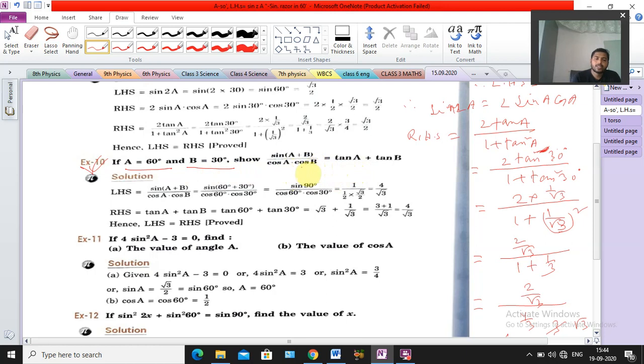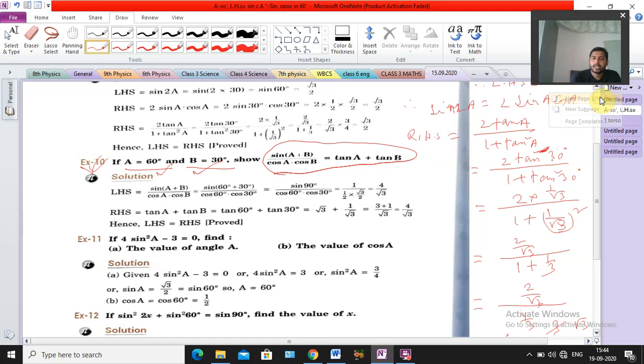Question clear? What is the given data? A equal to 60 degree and B equal to 30 degree. So sin(A+B) by cos A into cos B equal to tan A plus tan B. We can prove it.